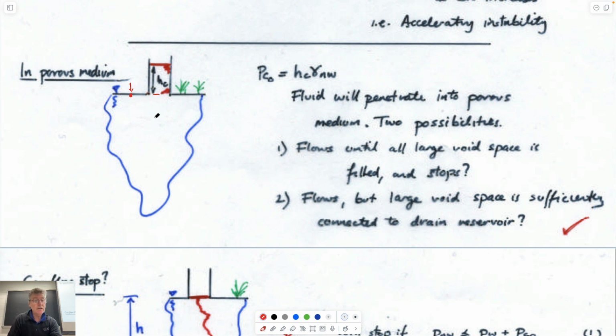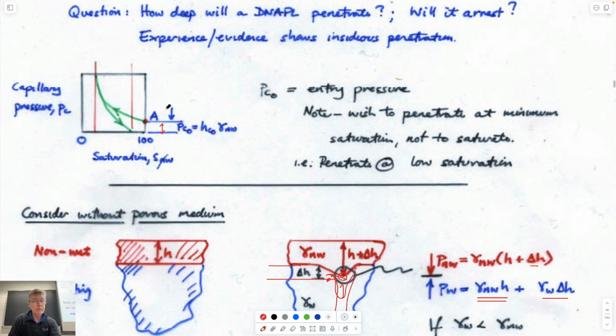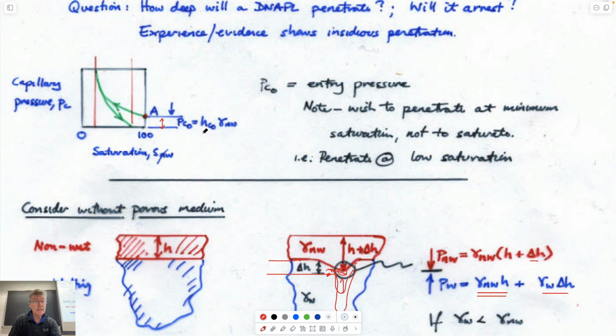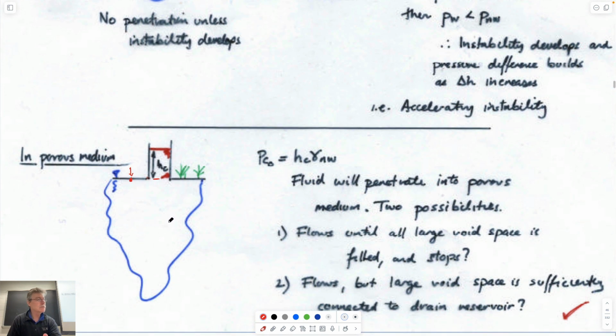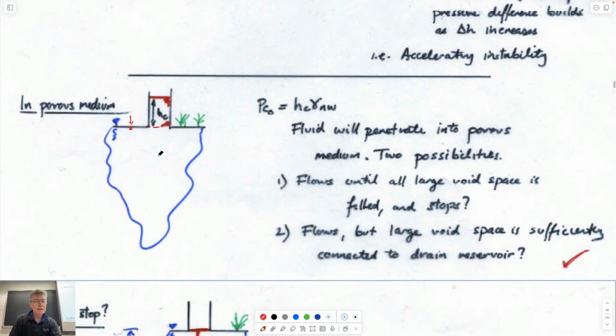So for this geometry, if we calculated the height that we have to invade the porous medium, we'd come up with just the fact that this height has to be equal to the entry pressure, because the pressure due to the water isn't there because it's on the surface. So we actually kind of have two results. One says that if the height of the NAPL is equal to h sub c, a function of our porous medium, then it will invade in this geometry.